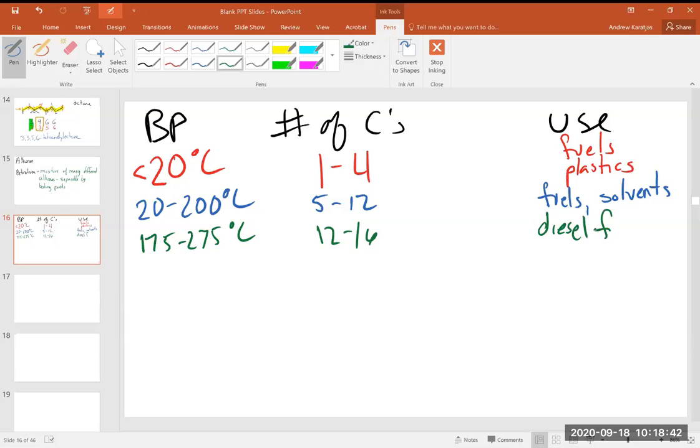Here we find our diesel fuel, as well as a lot of hydrocarbons that we use for a process known as cracking. So cracking is a process where we take hydrocarbons and break them apart into lots of smaller hydrocarbons that we can then use for other purposes.